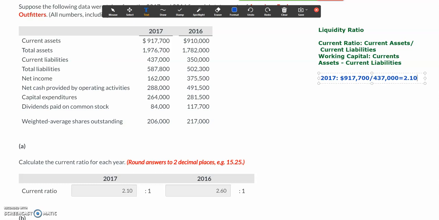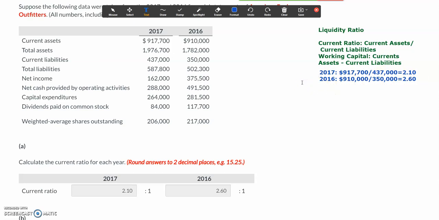And a singular measurement doesn't really tell you a lot unless you have something to compare it to. So now we're going to do our calculation for 2016. And we're going to take our current assets of 910,000 divided by our current liabilities of 350,000 to get our current ratio of 2.60.